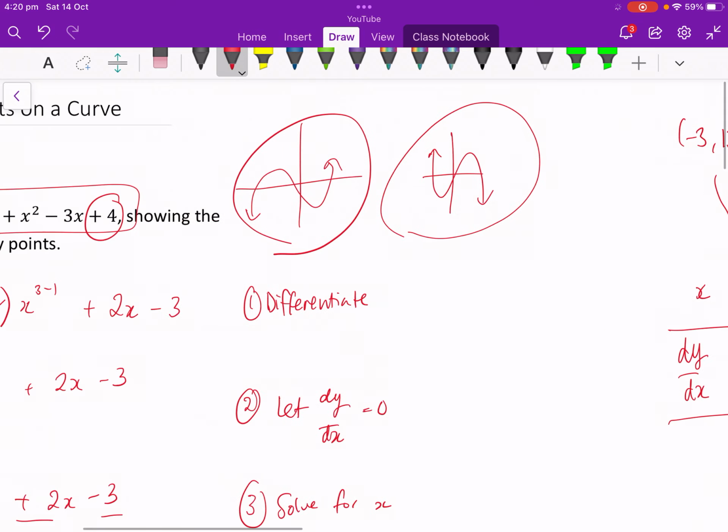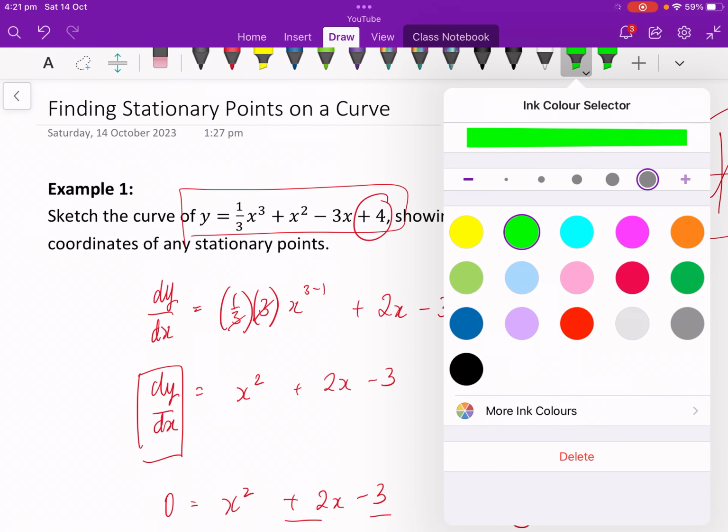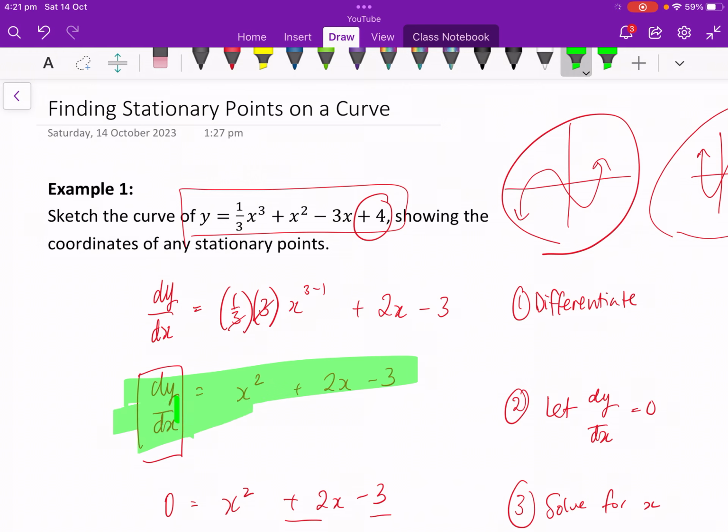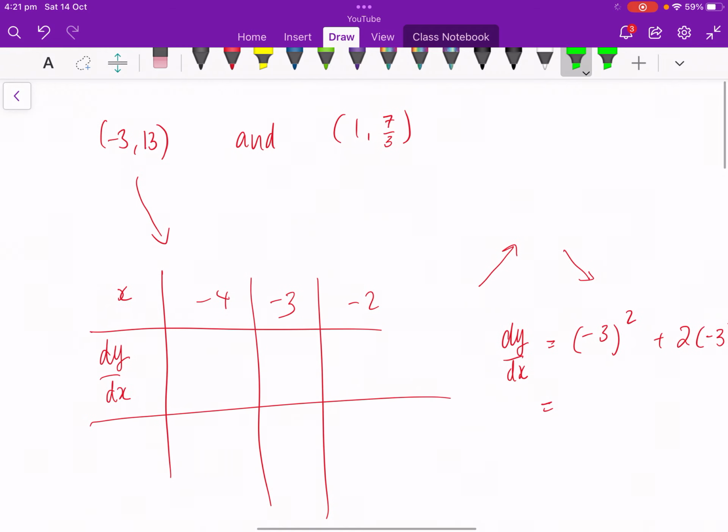I'm getting that from this function, which I'll put in green. That's where it's coming from. I've put negative 3 into that function. Putting that into my calculator, your answer will be 5. 5 is a positive number, so it's going to be a positive gradient. So because it's positive, it's going to go like that.